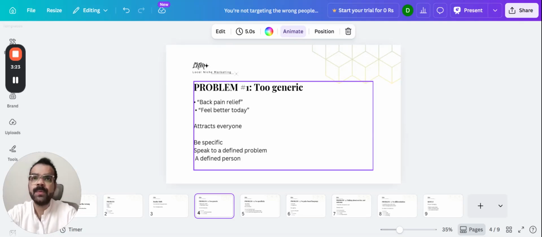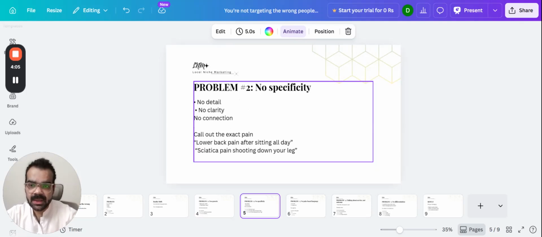So, to create very specific messaging, you need to think about what kind of pains your treatment actually solves. You can put all of these things into ChatGPT or whatever AI tool you are using, and it can help you create many ideal customer profiles on which you can write ad copies, create content, create creatives, and things like that. You can create a good foundation of your content strategy by putting all these things into the AI tools.